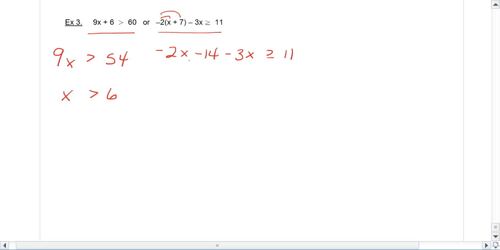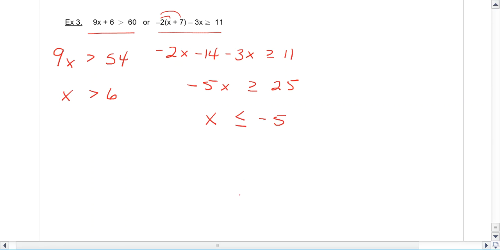Combining like terms here, we'll combine the x's, and let's go ahead and add a 14 to both sides. So we have a negative 5x is greater than or equal to 25. Now we need to divide both sides by the negative, remembering that that does flip our inequality. So x is less than or equal to negative 5.